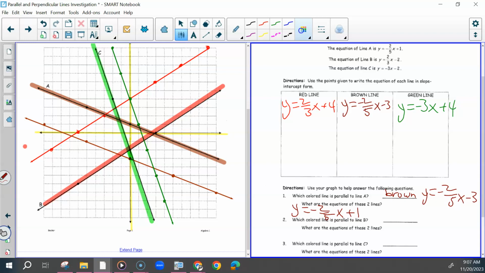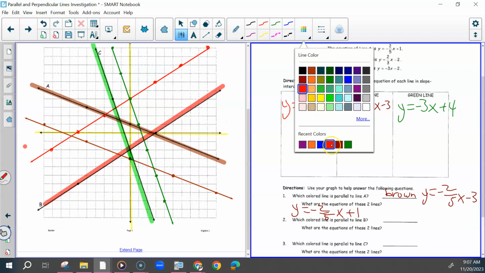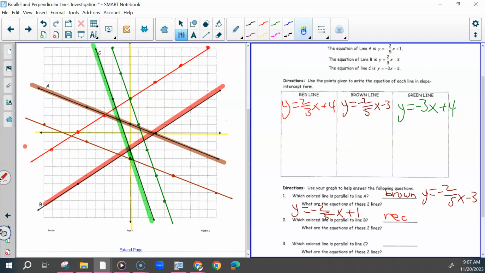Then it asks which line is parallel to line B. The red. So again, write red, write the equation for line B and the red line.